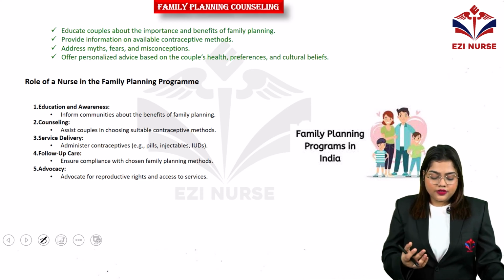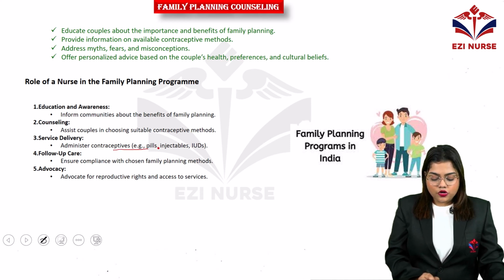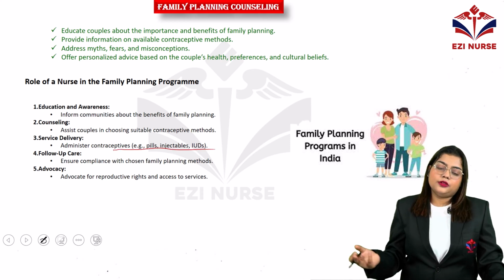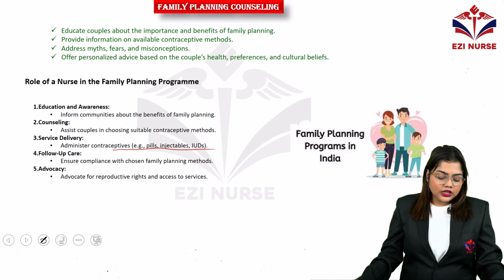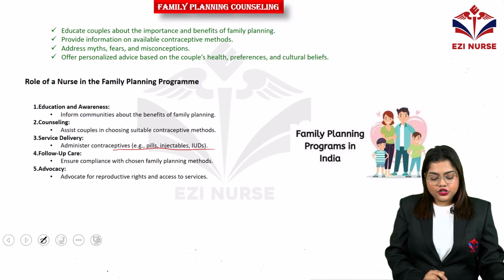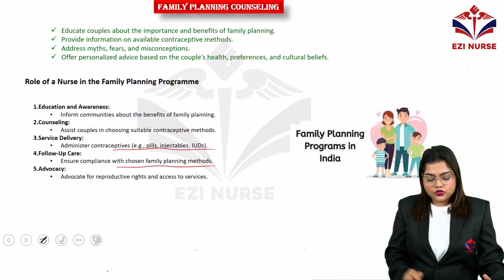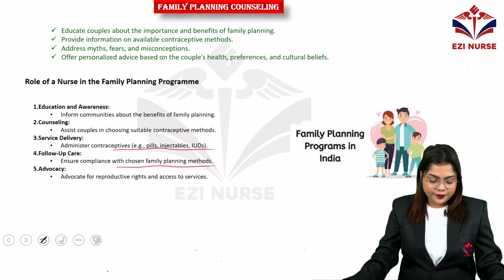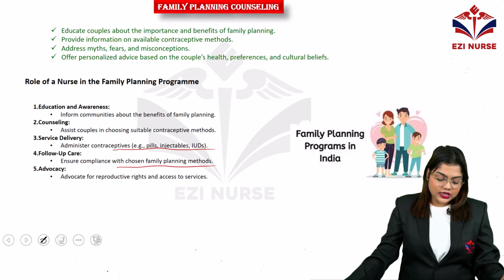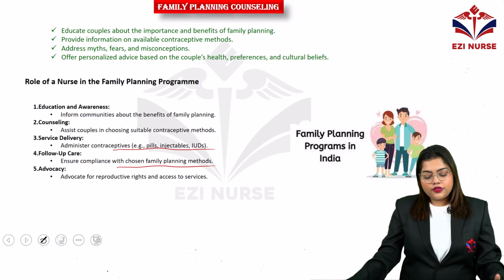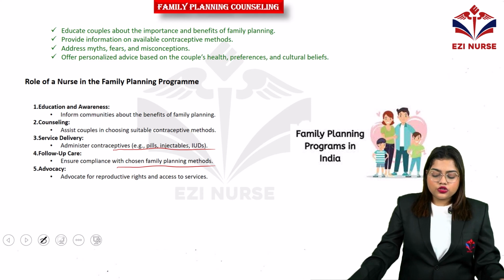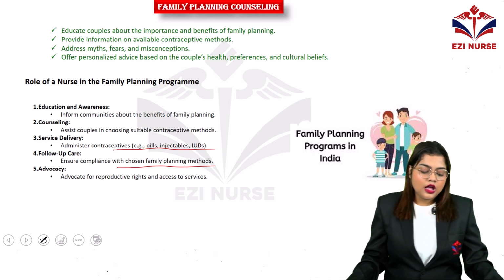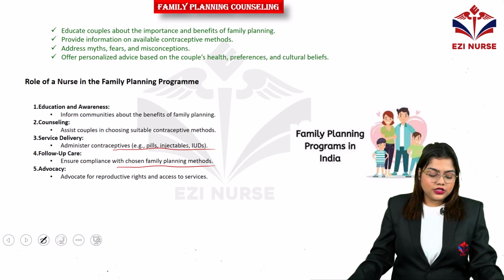Then service delivery, such as administering contraceptive pills, injectables and IUDs. Then follow-up care, such as ensuring compliance with the chosen family planning method. And lastly, advocacy, to advocate reproductive rights and access to services. So this is the main family planning counseling.